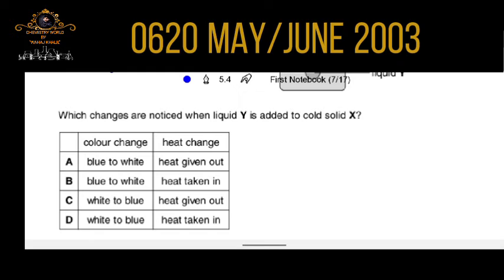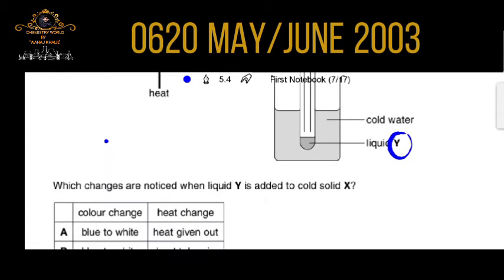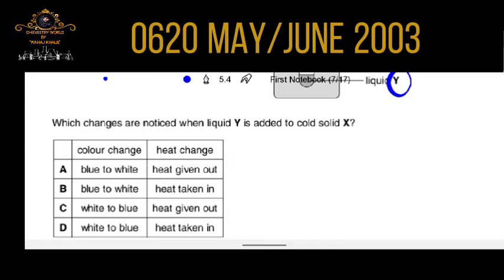Which changes are noticed when liquid Y is added to cold solid X? Color change from blue to white and heat given out. Color change from blue to white, heat taken in. White to blue, heat given out, and white to blue, heat taken in.